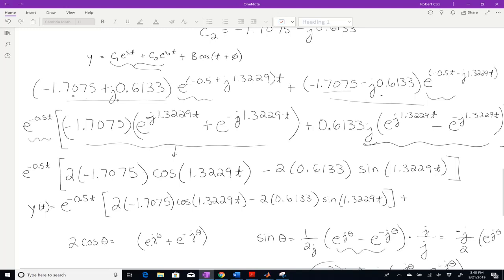And then I have to add to that the particular solution, and I'm just going to again write that as b cosine t plus phi.